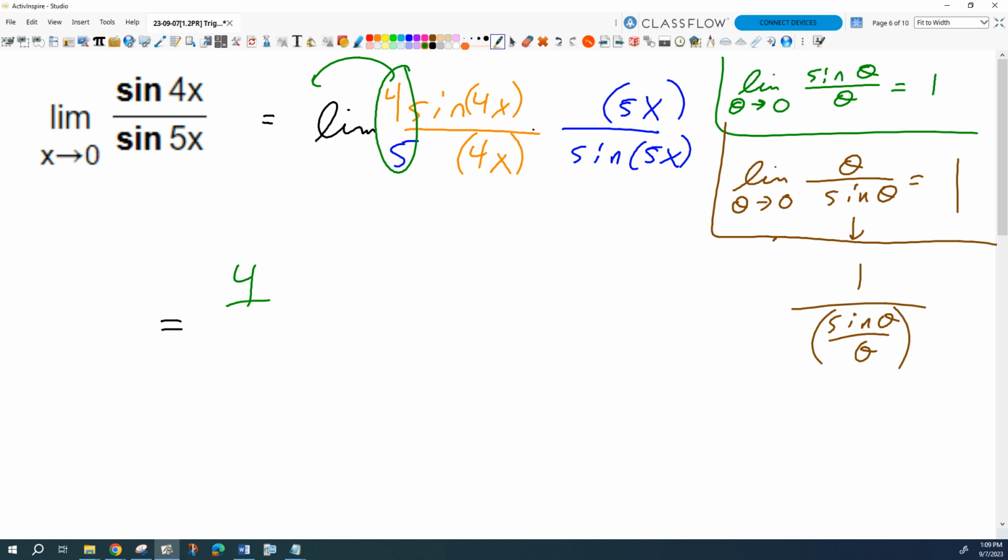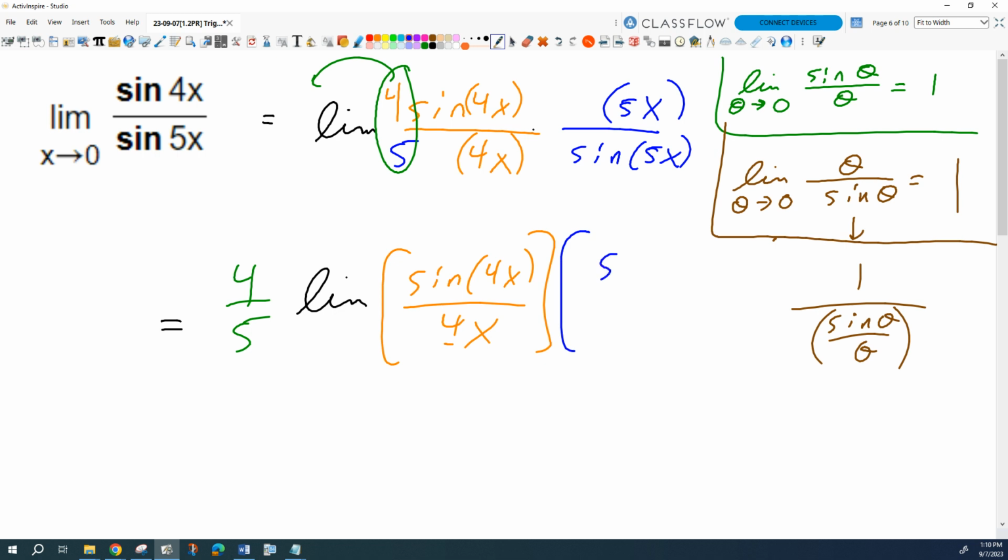So I've got a 4/5 out front times the limit as x approaches 0.